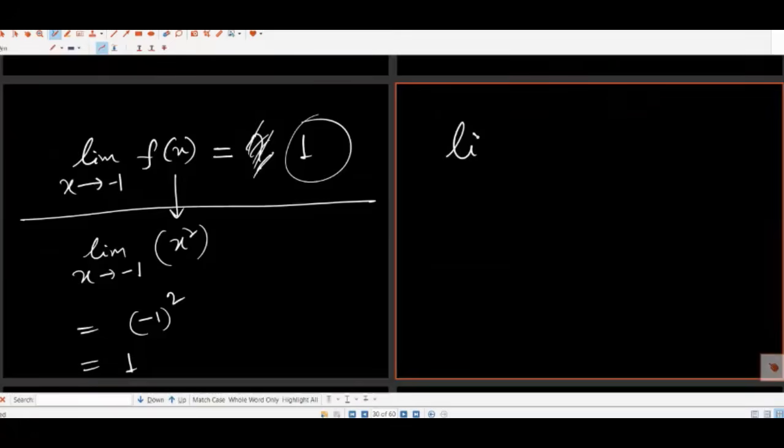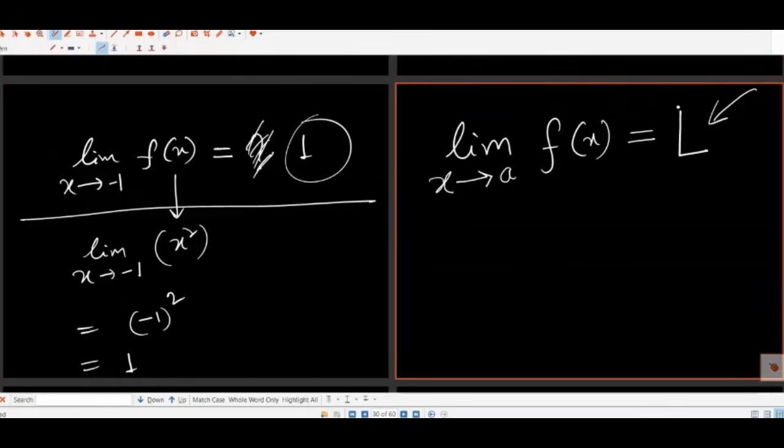So in general, we can say the limit of f of x when x approaches a may become finite. That finite number is written as L. This is the notation for limit.